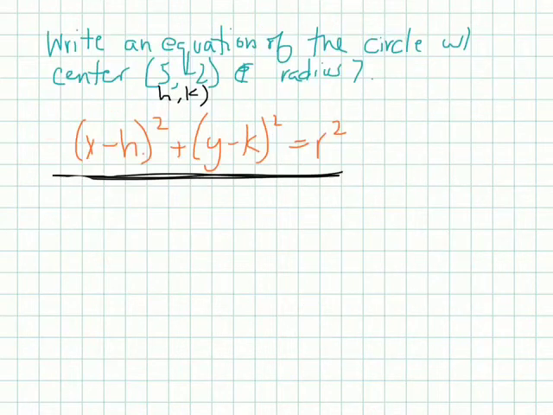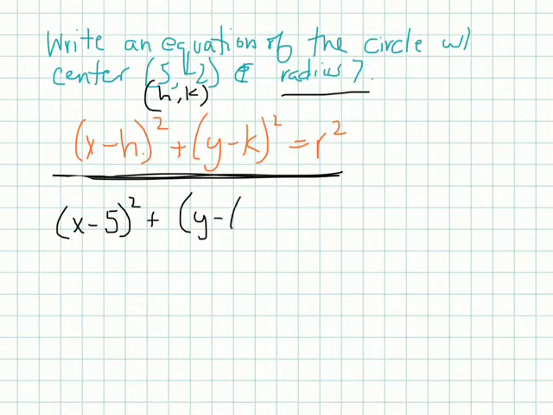Let's do an example. Write an equation of a circle with a center at (5, -2). And remember, this is (h, k), right? And a radius of 7. Well, let's substitute those values in. So we're going to get (x minus h, which is 5) squared, plus (y minus k, which is -2) squared, equals our radius squared, which is 7 squared.